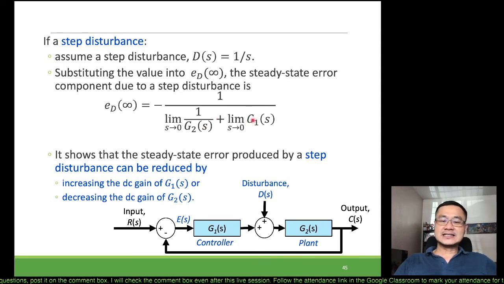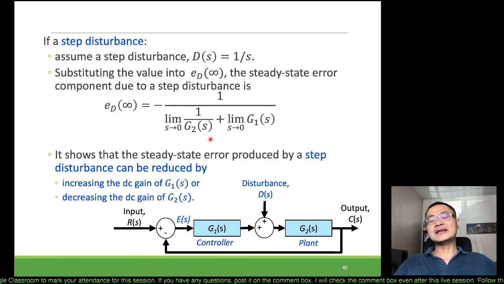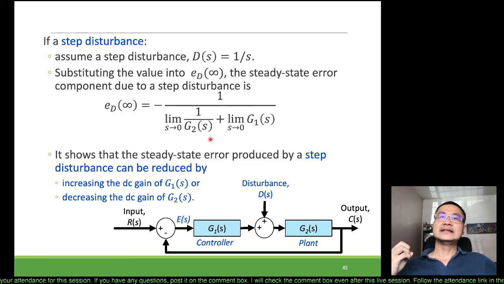Here we can see that this is 1 over the denominator. Whenever we want to decrease the error, we want to increase the value of the denominator.